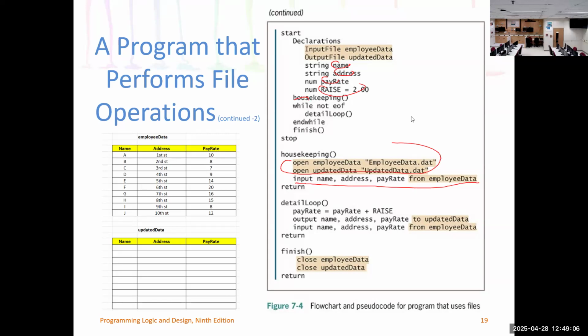Now, while not end of the file here, you go to the data loop. In the data loop, you just change the pay rate. You don't touch anything with the name and address. They keep the same. You just increase here, and now in output here, that means you write in this new file. So when you're done with one record here, of course, you need to move on to the next record of the original file. Make sense? That's all.